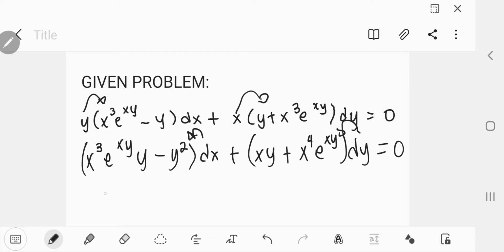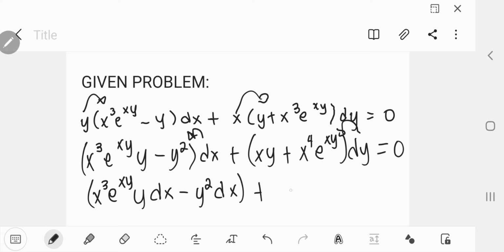And now we have x cubed times e raised to the xy times y dx minus y squared dx plus xy dy plus x raised to 4 times e raised to the xy dy is equal to 0.